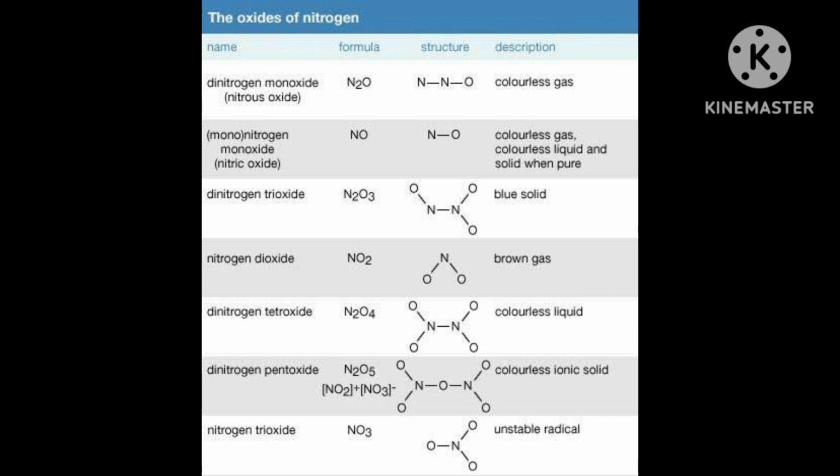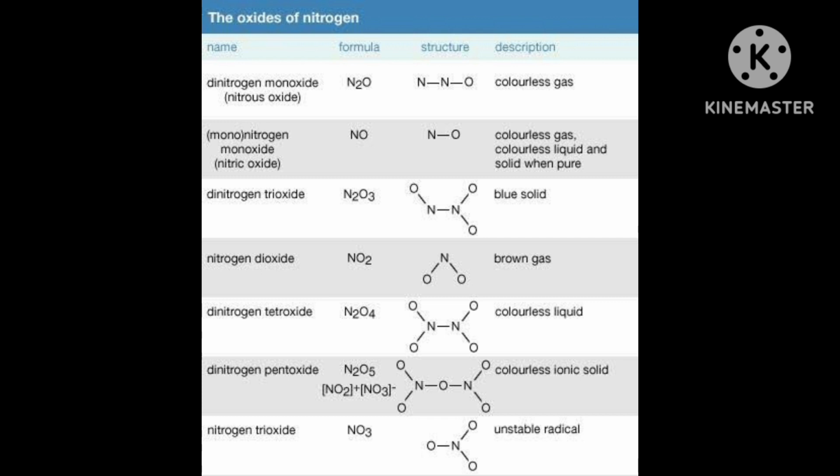Now the second oxide is nitrogen monoxide, NO. It is also called nitrogen 2 oxide because its oxidation state is +2.